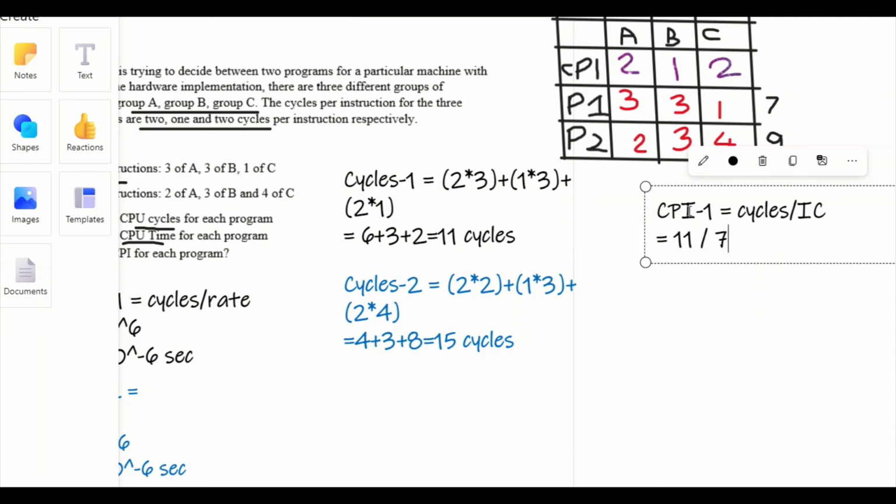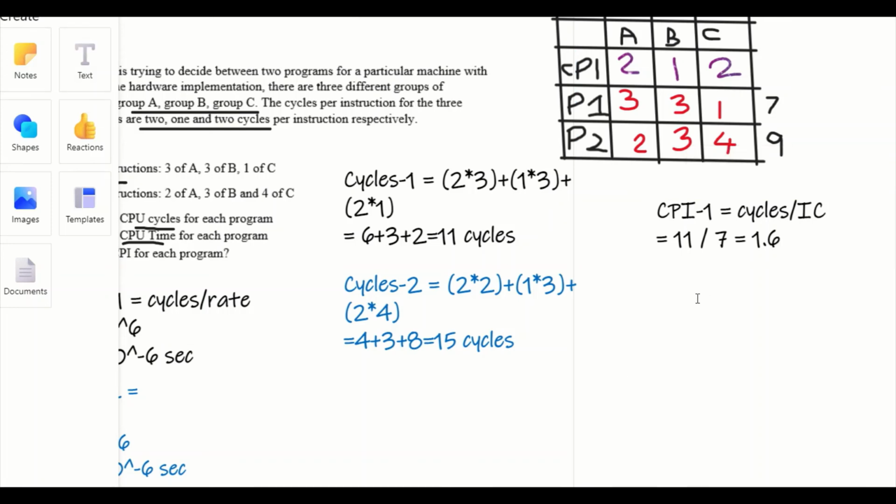The number of instructions is there; you calculated just now, 3 plus 3 plus 1, 7. So when you divide by 7, one decimal is enough, so 1.6. Okay, this is the CPI.